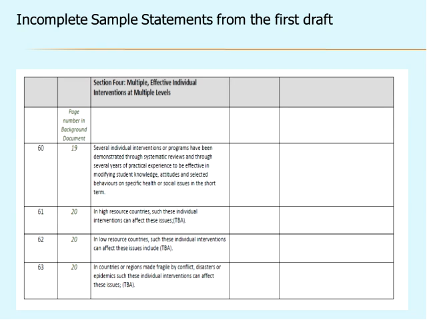We're hopeful that people who are interested in those areas, these are just three examples, will fill in the blanks and help us in the second draft to, in terms of item 61, list the individual interventions that can affect the issues in high-resource countries. Or 62, what are the issues and programs that are important in low-resource countries.